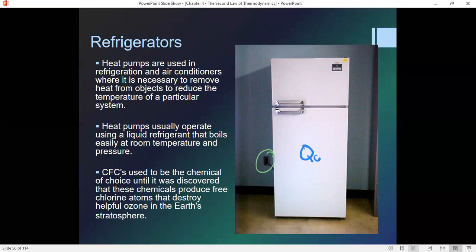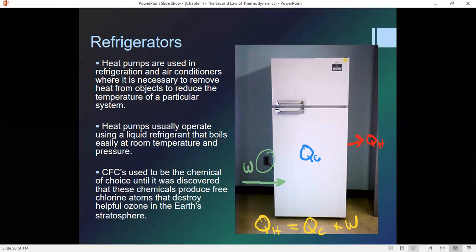So that is going to do work on some refrigerant. And as we add work to this, heat is going to leave out the backside as QH. And the same thing still holds: QH is equal to QC plus W. This is conservation of energy.